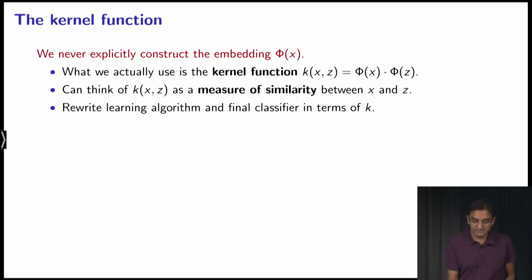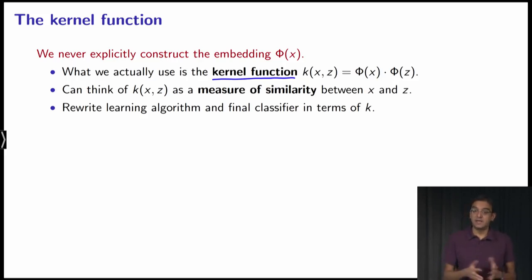And so we gave that a special name, the kernel function. We also noted that this kernel function is essentially some sort of notion of similarity between the points x and z. And we saw how we could rewrite the support vector machine entirely in terms of the kernel function. What about the perceptron algorithm?